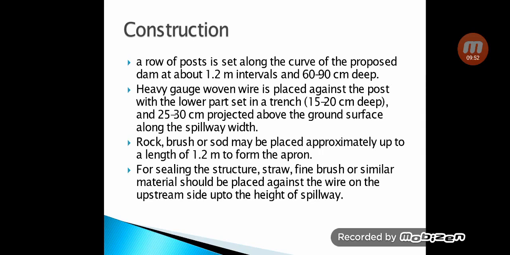After that, heavy gauge woven wire is placed against the post, with the lower part in a trench 15 to 20 centimeter deep and 25 to 30 centimeter above the ground surface. So these heavy gauge wires are placed 15 to 20 centimeter deep and 25 to 30 centimeter above the ground surface.